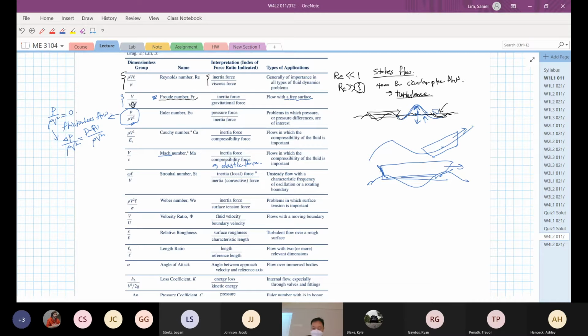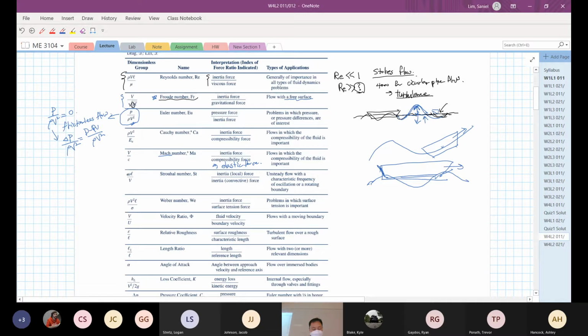When an aircraft hits the Mach number, it's going to have a really huge sound, and all the behavior of the flow field is really different from what we think about for laminar flow and turbulent flow below 0.3 Mach number. The Strouhal number relates to oscillation, unsteady flow.